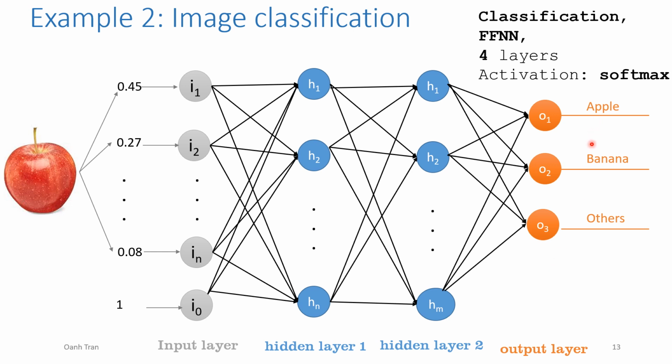So it's recommended to use softmax as the activation function of the output layer. And for the hidden layer, I still use ReLU. So this is one possible solution that might work for the image classification task. Okay, show me your own.